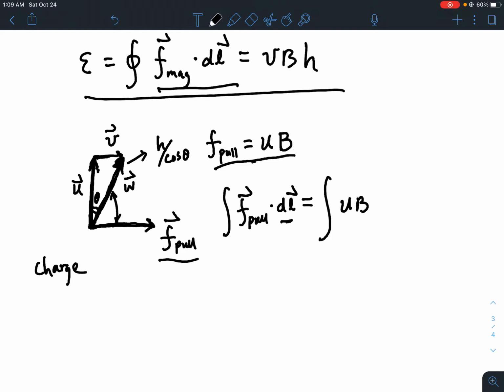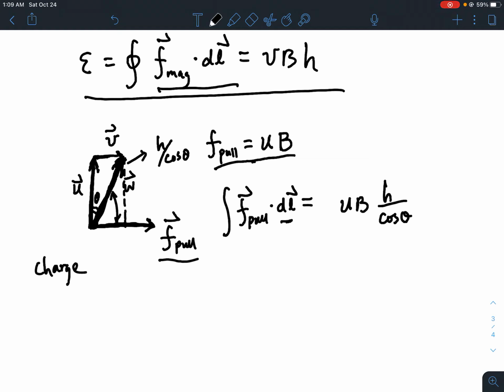And then this dot product will give us the h size, the dl size is this. I already did the integral, so I don't need to have this. This h divided by cosine theta tells us this distance, and we also need to consider the dot product between this vector and this vector.